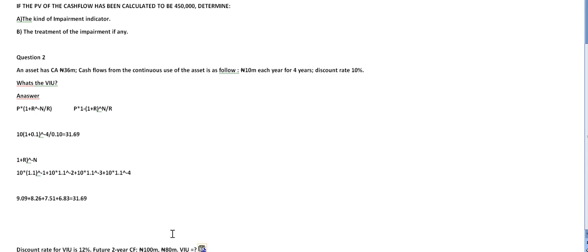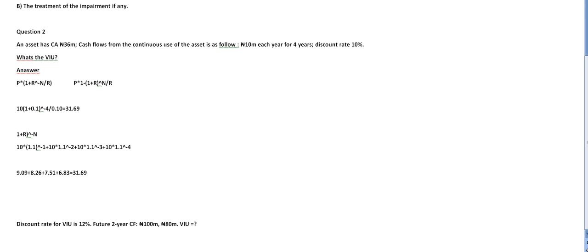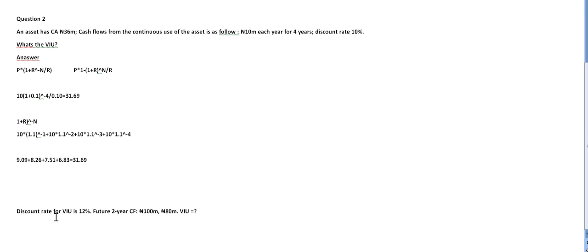So let's quickly look at this one together. The discount rate for a value in use is 12%, and the future cash flow is for 2 years.